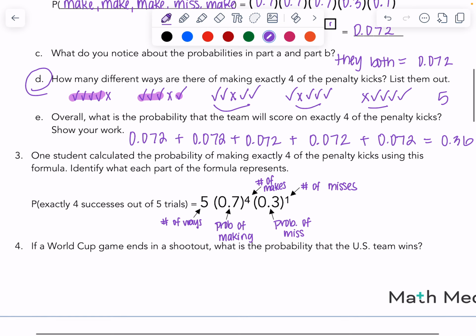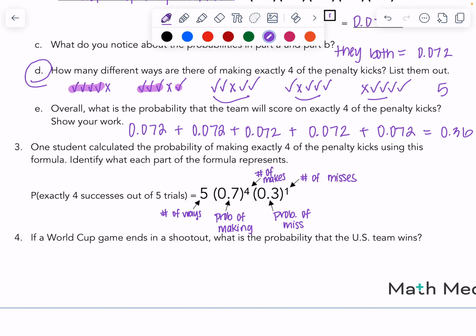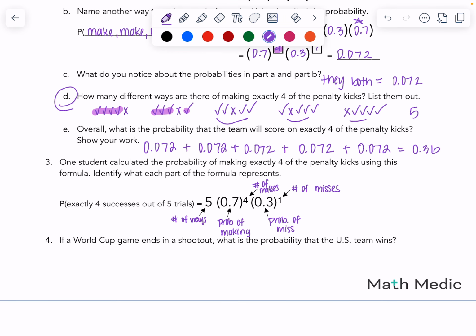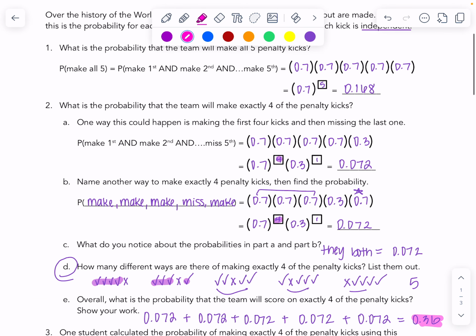So before we do that, let's answer number 4. If a World Cup game ends in a shootout, what is the probability that the U.S. team wins? Well, we've calculated these various probabilities. In order to win, we need 4 or more. So the 0.36 is our probability that the team will score exactly 4. And then we calculated the probability of making 5 penalty kicks.